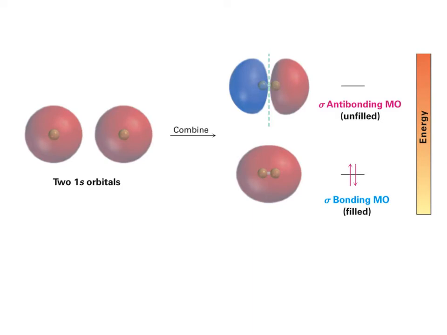Here's a schematic with the simplest possible example of the H2 molecule. If you take the two 1s orbitals from each hydrogen atom, you could combine them to form two different molecular orbitals. One would be the bonding orbital, and one would be the antibonding molecular orbital. From this point of view, you would have both of the electrons in the bonding molecular orbital, and nothing in the antibonding molecular orbital.